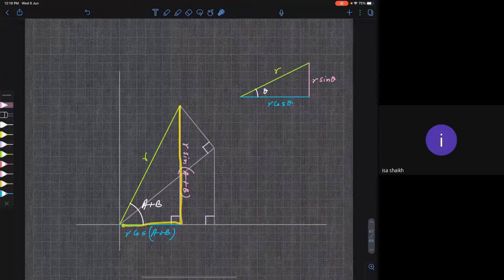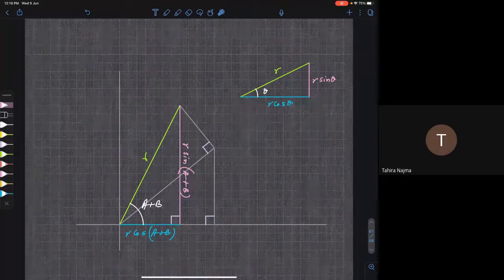Compare it with this right angle triangle. If this is R, this is R cos theta. Now our angle is A plus B, so instead of cos theta, I'll get cos(A+B). And this is R sin theta, so instead of theta, I'll get A plus B again because the angle is A plus B. Clear? Yes, sir.